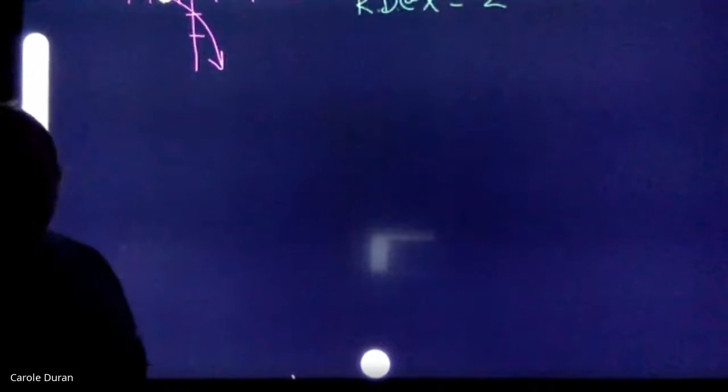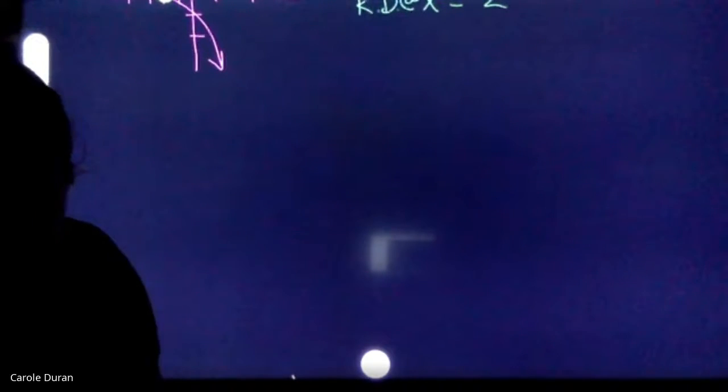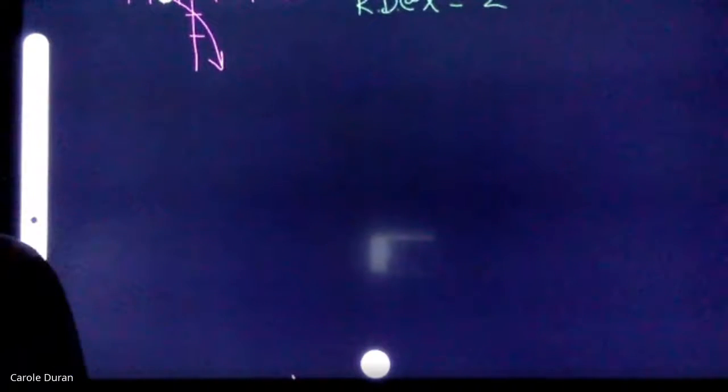Okay. It is 100% possible to find these asymptotes without a graph. And it is based solely off of the degree of my numerator and the degree of my denominator. I know you thought we were done with that, but we are not.